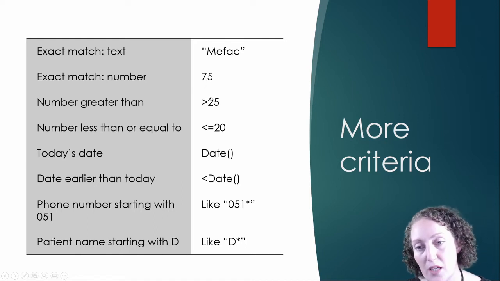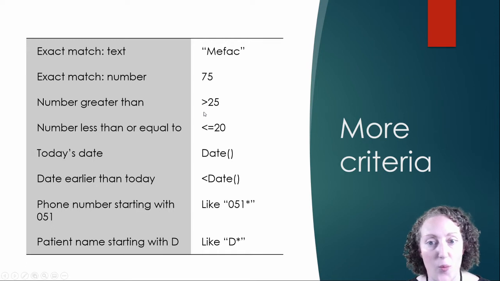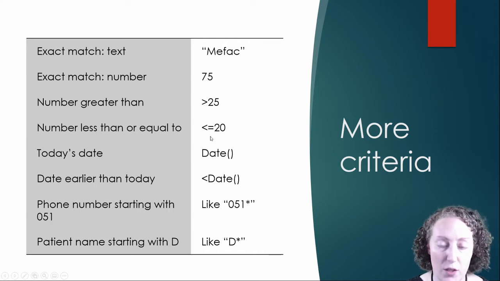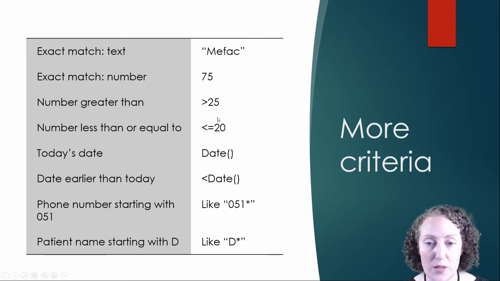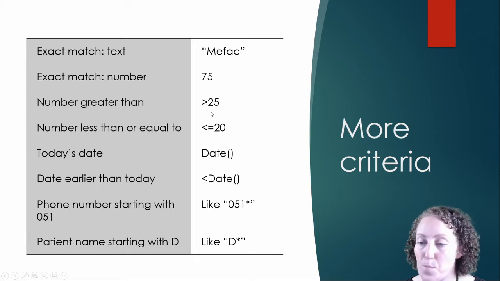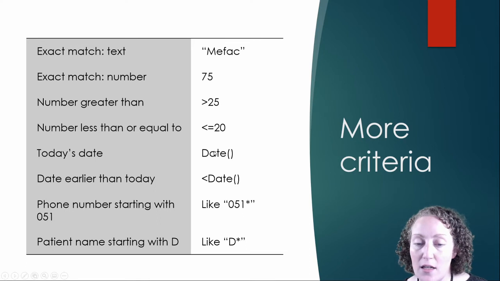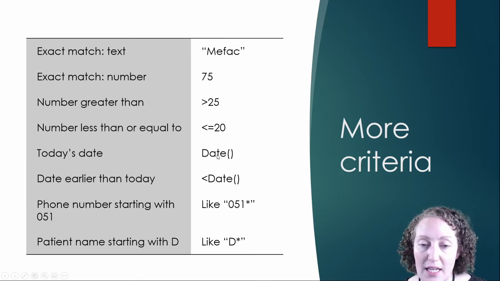But with numbers, we can also use these different operators here. So greater than, or less than or equal to, and so on as well. Okay, so for the one where you're looking for the patient BMI of over 25, for example, you'd be using this criteria here. For dates then, we can specify date like this to find today's date.